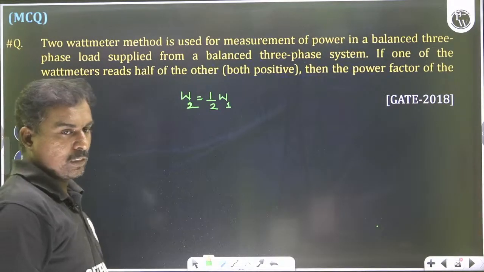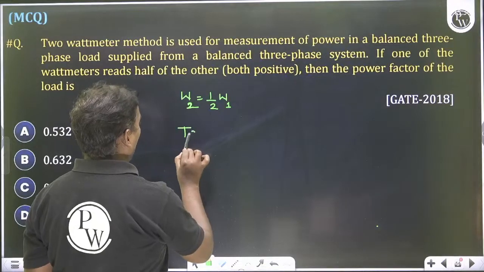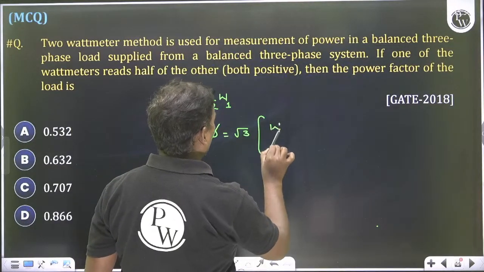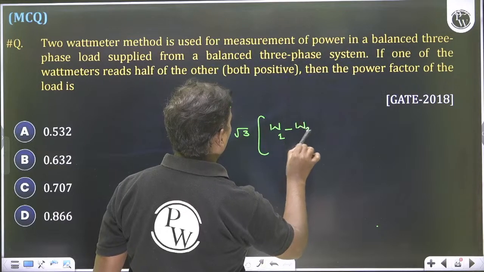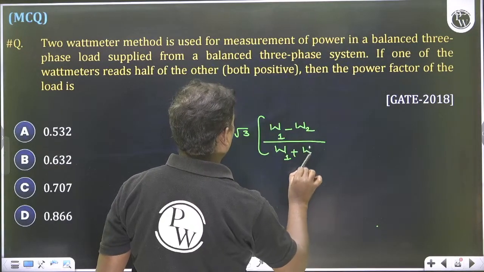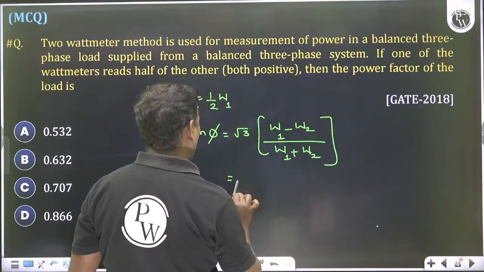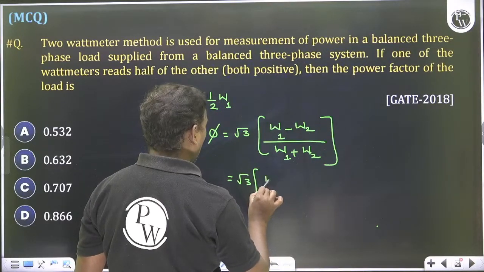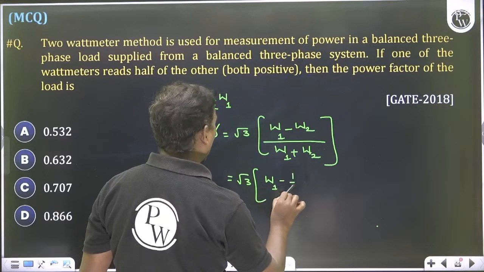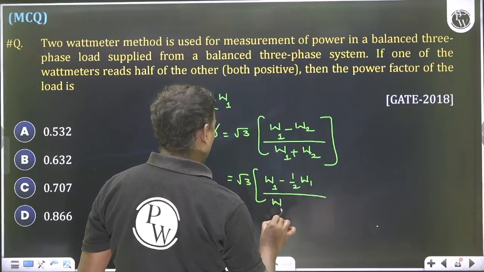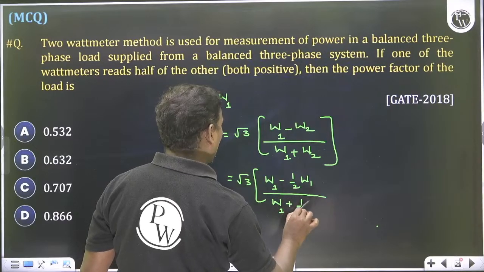I can take this formula: tan phi is equal to root 3 into W1 minus W2 divided by W1 plus W2. W1 is something, and W2 is half of W1.